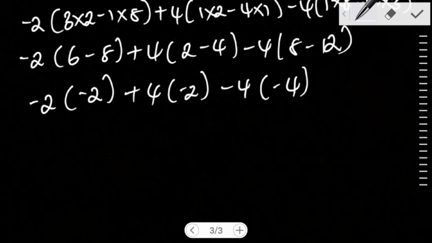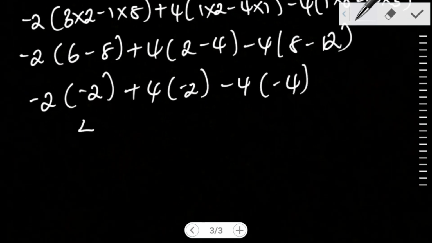So this is going to be 4 minus 8 plus 16. So when we work out overall this, 4 minus 8 plus 16, still giving me a 12.